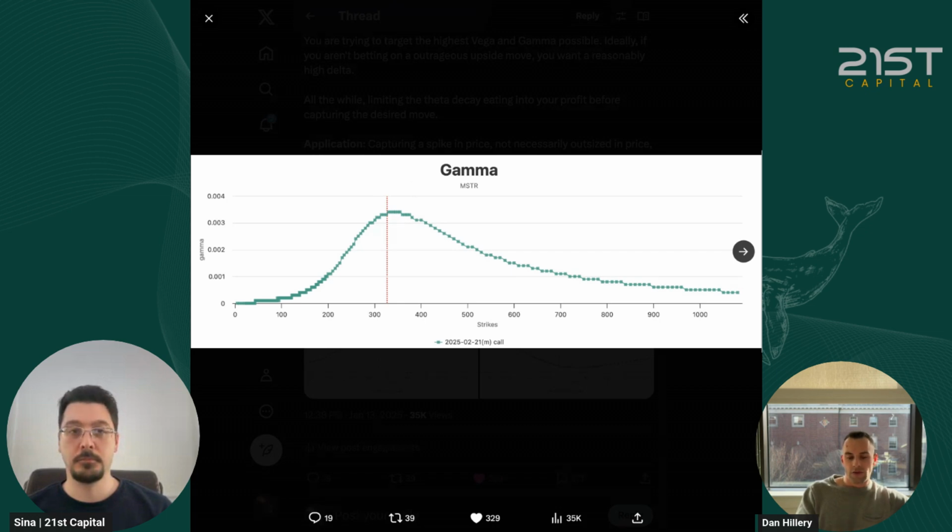And so what I concluded, and what a lot of people use these kinds of shorter term 1 month, 2 month contracts to represent, are short term moves in the underlying. So if you think MicroStrategy is going to rip next week, you'd want a shorter term contract with a really high gamma that gives you extreme exposure to the movements in the underlying price.